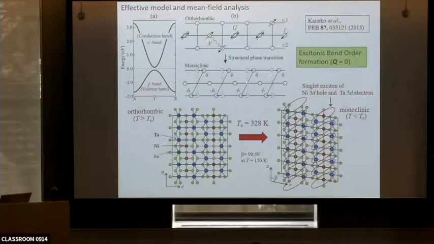The structural phase transition should also be explained, so we introduce the phonon degrees of freedom. And we make a mean field analysis of this model and found that excitonic bond order formation is what occurs in this system. So the exciton is formed between the nickel 3d hole and the tantalum 5d electrons. This is the exciton. And this bond order formation is the origin of the structural phase transition.